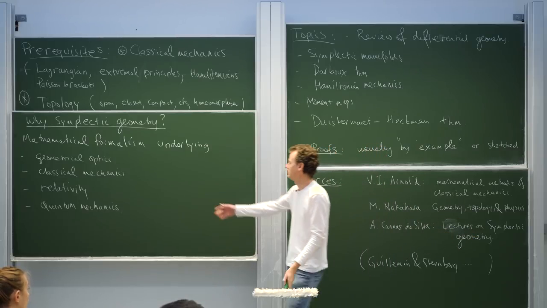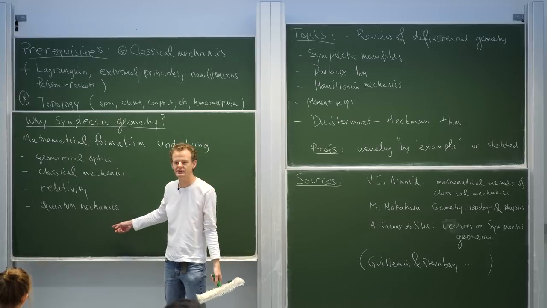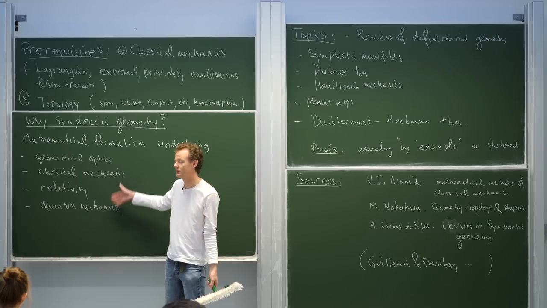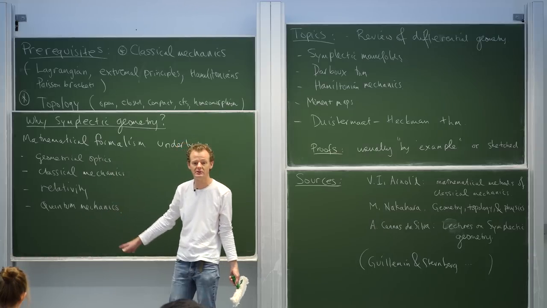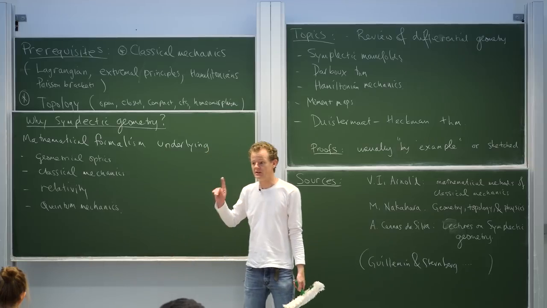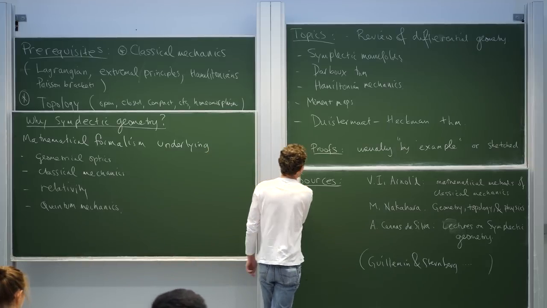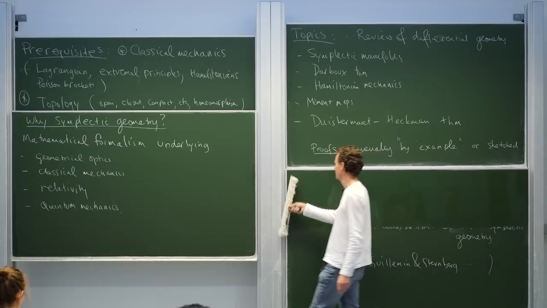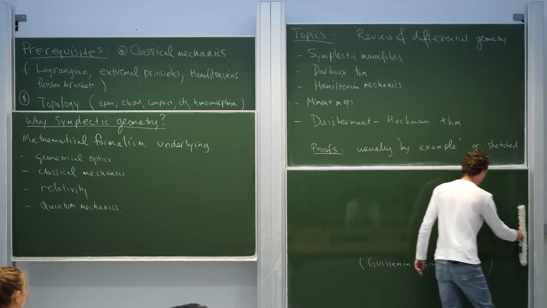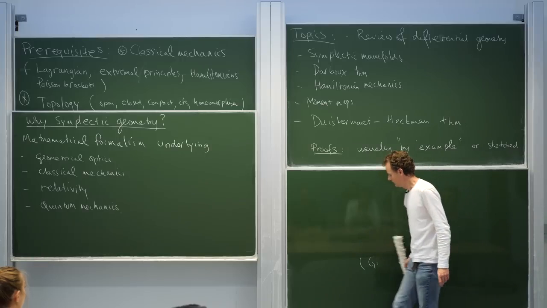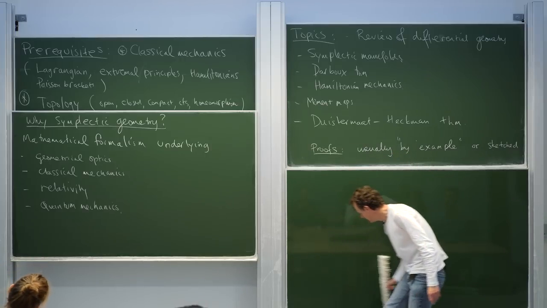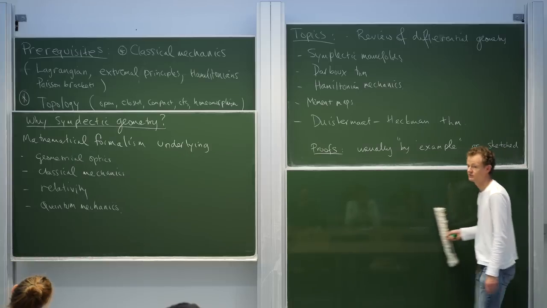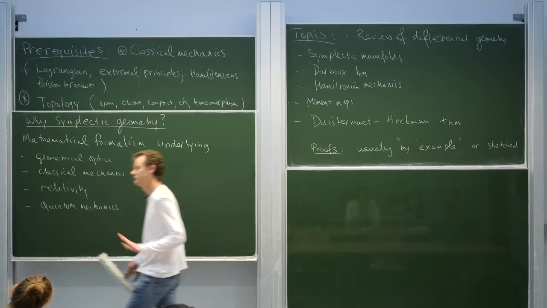Now there are gaps in this list. There's nothing about statistical physics here, although we could put that there. There's a sense in which symplectic geometry underlies statistical physics and thermodynamics. There are places where it doesn't work, at least not very easily. It's usually in systems with dissipation, friction, loss, noise. Well, it's not entirely true.